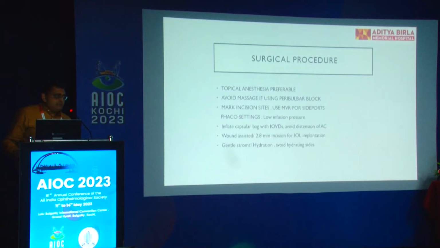So we must pay attention and should not struggle implanting these lenses through a microincision. It is better to increase the incision size to 2.8 to deliver these IOLs. While hydrating, hydrate vertically. It is better to avoid side hydration. We don't want side hydration going into the RK site.